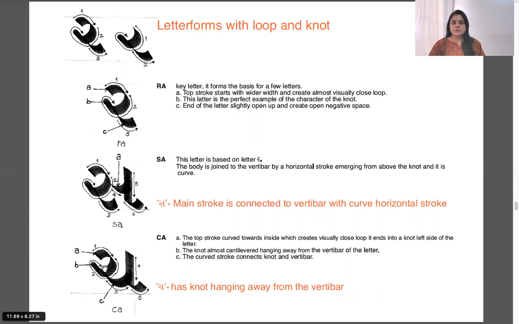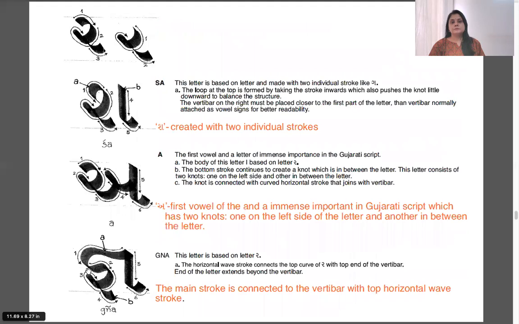This is letter Ch, which has a knot hanging away from the vertebra. This is letter Sh, which is created with two individual strokes. It is not connected.